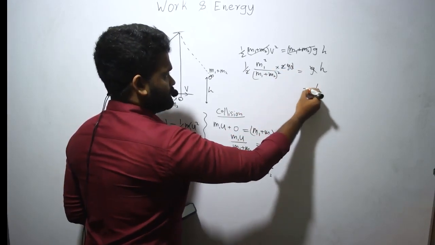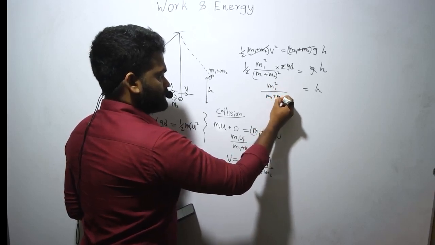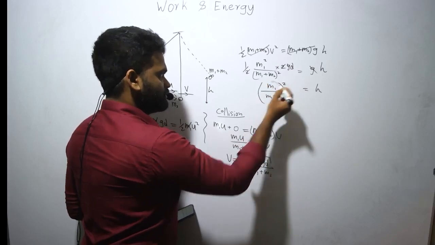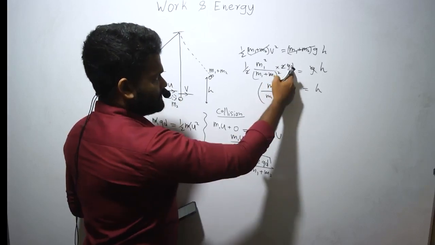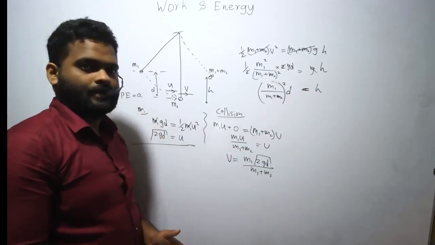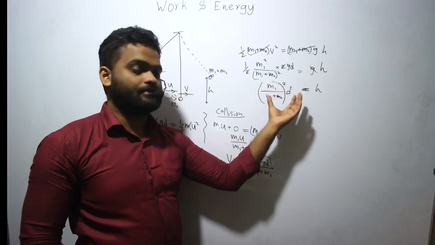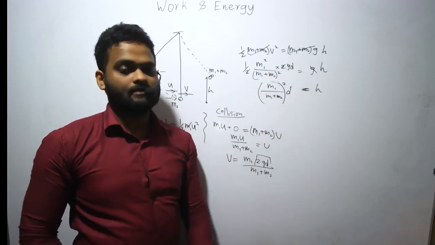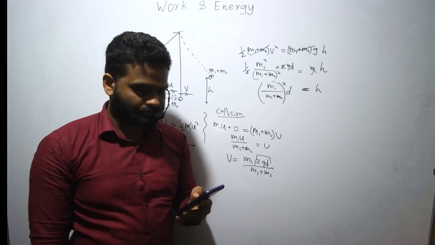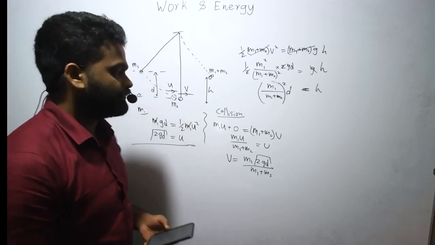What do we get? h equals m1 squared divided by m1 plus m2 squared times d. You can put the power as a common term, so h is equal to m1 divided by m1 plus m2, all squared, times d. This is h. So the answer should be the second one.